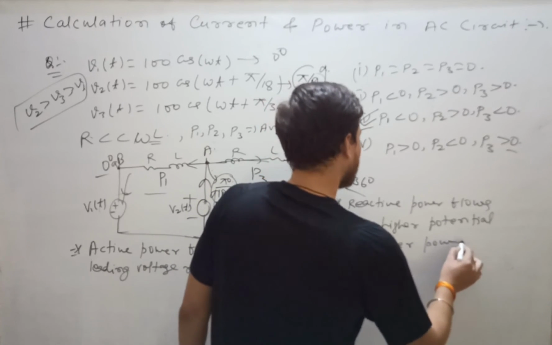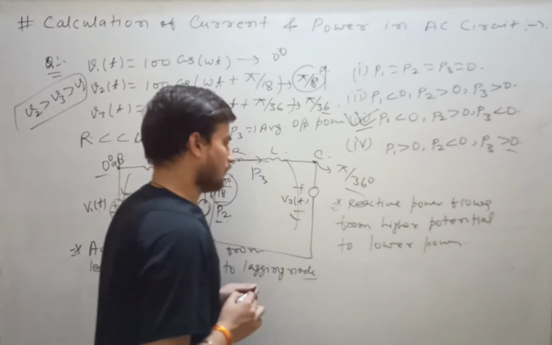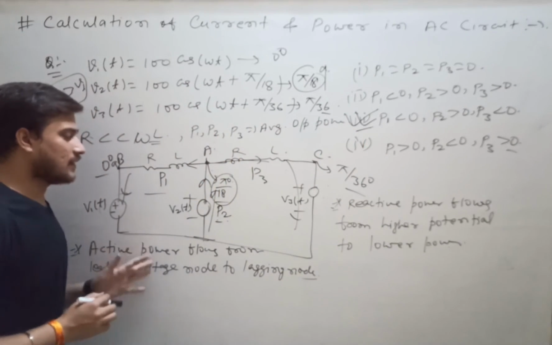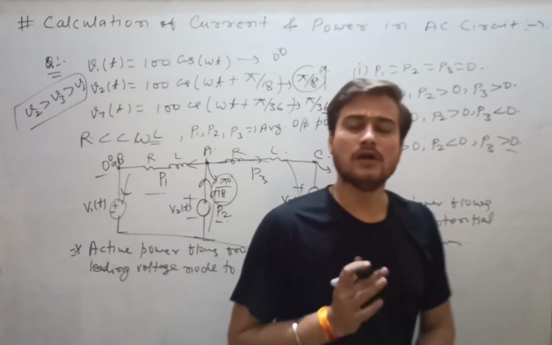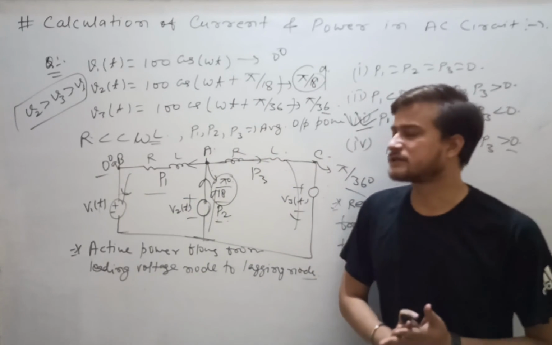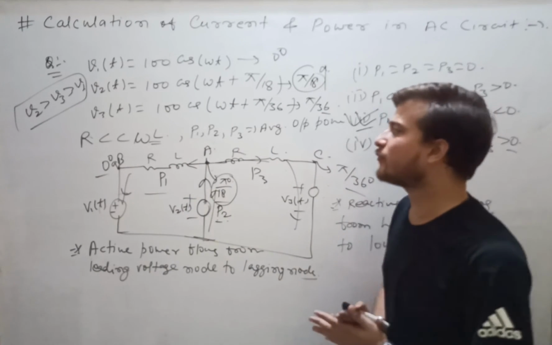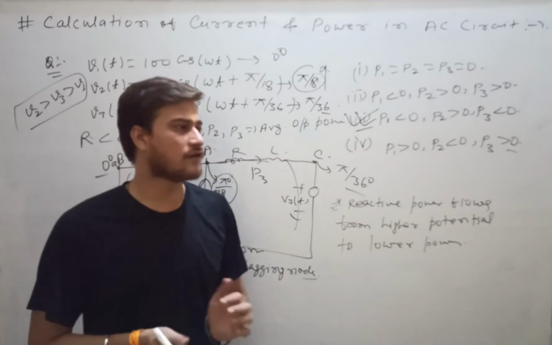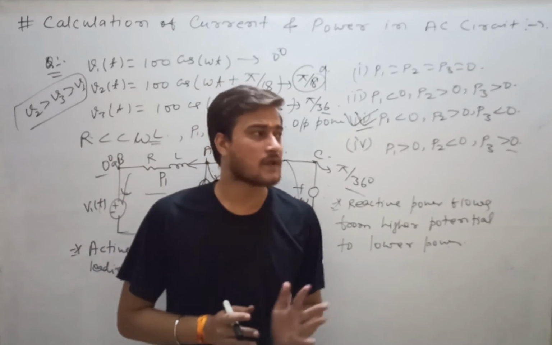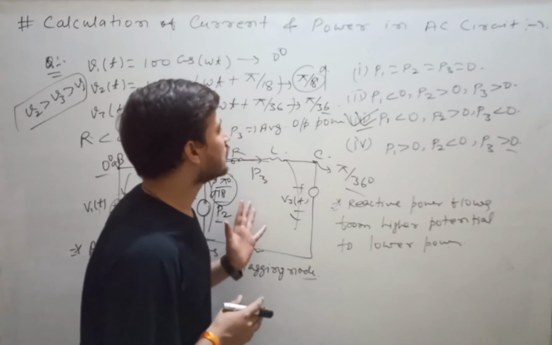That means if they are asking about active power, you have to compare the angles of the nodes, and if they are asking about reactive power, you have to compare the magnitudes of the voltages of the nodes. Clear? So this is all about the AC circuits.